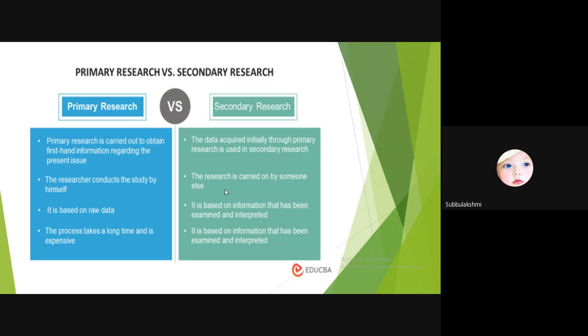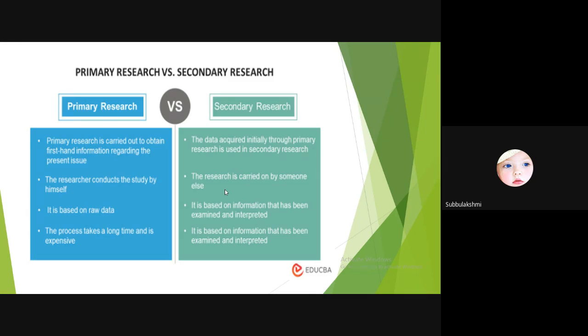Once the primary research is conducted, based on it we proceed towards the secondary. Next, it is conducted by someone else, not the person himself. It is based on information that has to be examined and then interpreted.